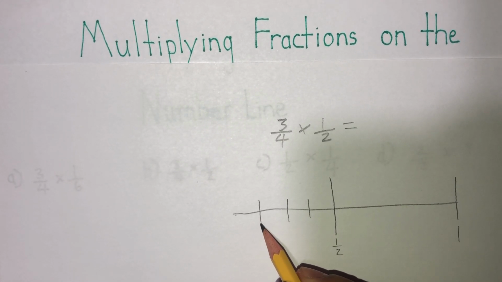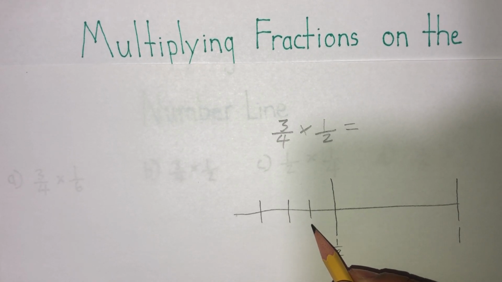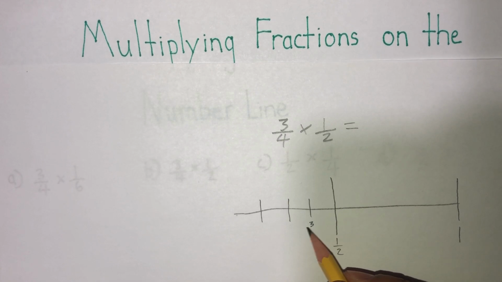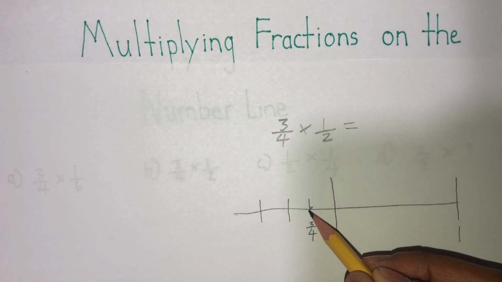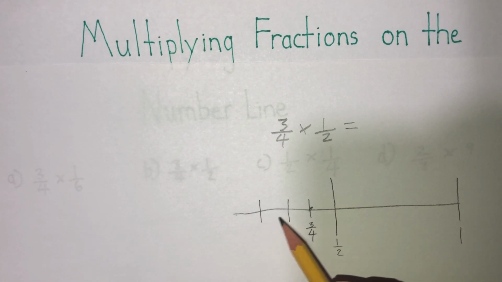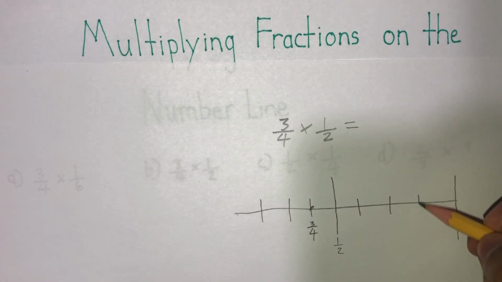So 1/4, a quarter, 2/4, 3/4. Now we're going to divide this section the same amount of times we divided this section. So 1, 2, 3, 4.